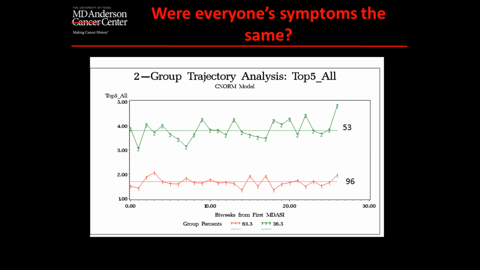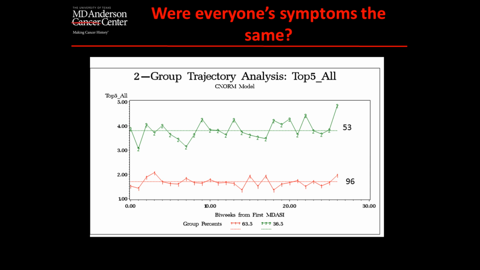Then there was a second group, though, where on average they were reporting symptoms at about a level of 4. And that's where we start thinking that symptoms are at a more moderate level. So for these patients in this group up here, they were really having probably a significant symptom burden.